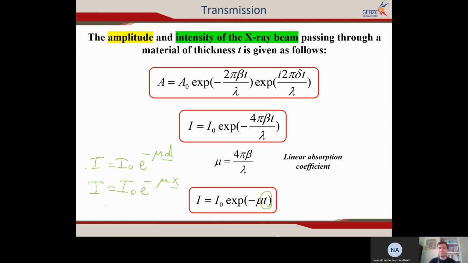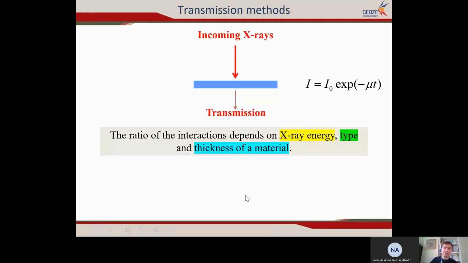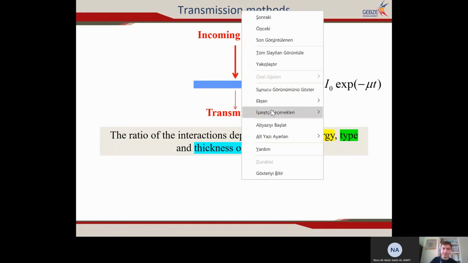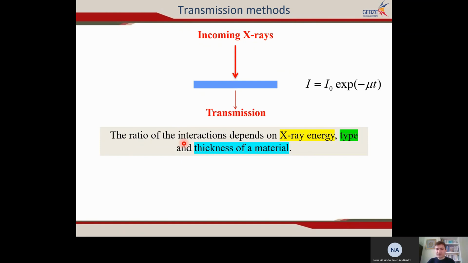Any question here? Then let me continue with the transmission methods. We have explained the transmission, and at the beginning of my lecture I told you that the interaction mechanisms, scattering, absorption, and transmission depend on the X-ray energy, type, and thickness of the material.